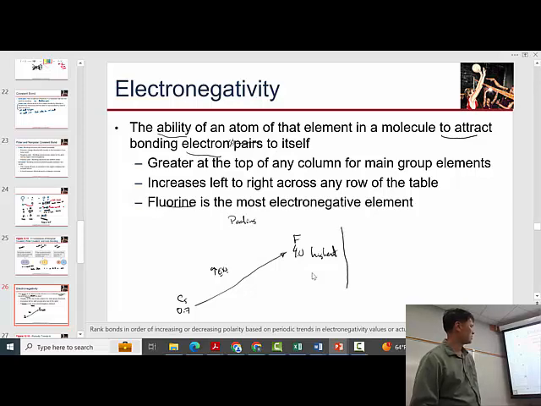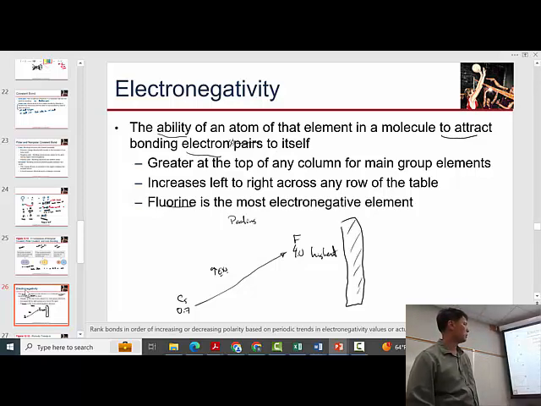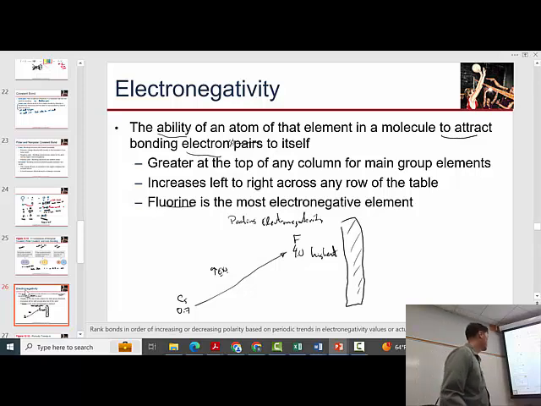The noble gases have no electronegativity. They don't want to attract any electrons to themselves. What is it called? Pauling's electronegativities. Not just Pauling, but other people did it, but the Paulings are the simplest. They're the simplest, but maybe not the most useful.